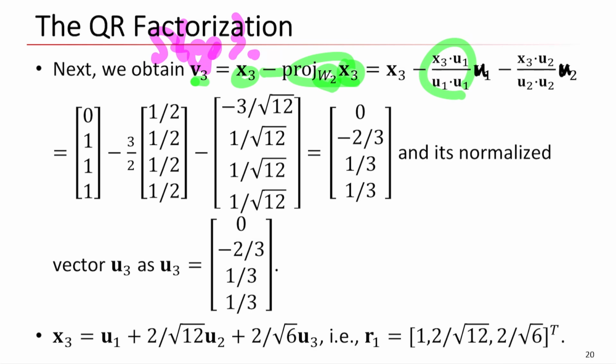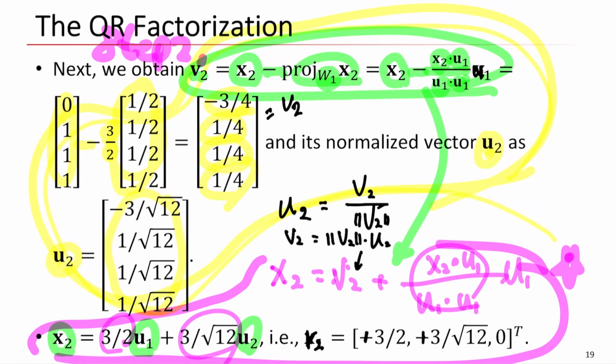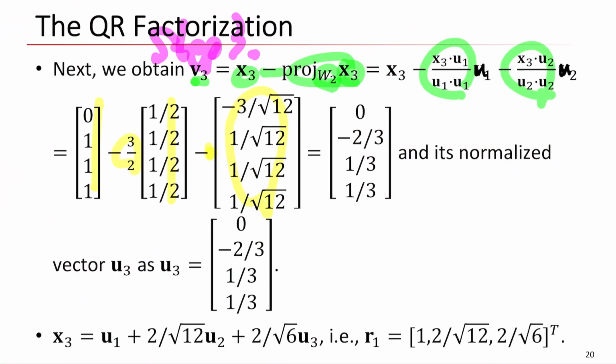Here we need to compute this, and we already know x3 and the value here. This is u1, so there should be some kind of constant with u2, because u2 is here. So it might be just 1, right?